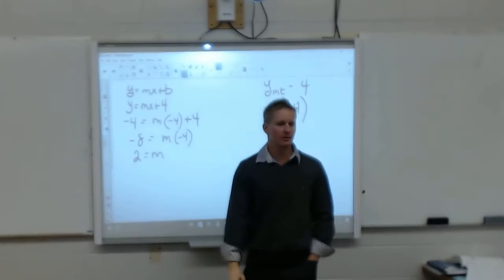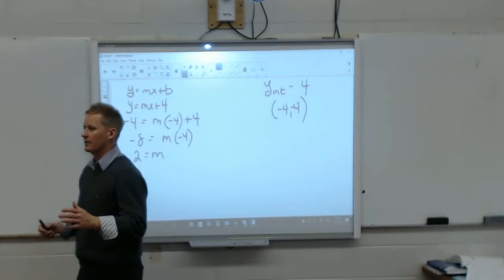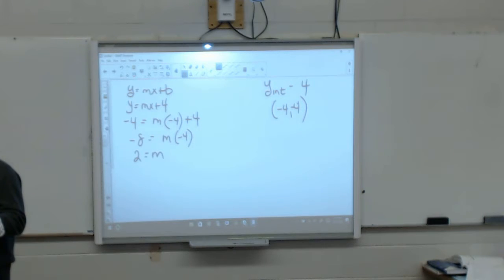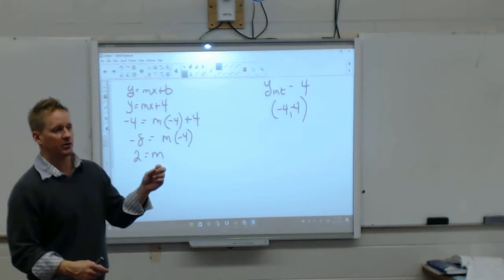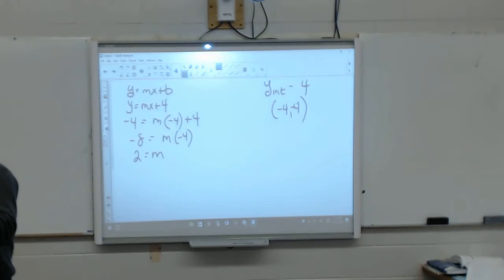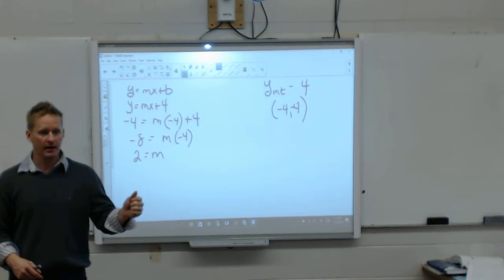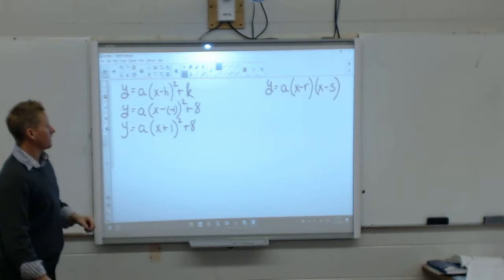Got my slope is equal to 2. So what did I need in order to find the equation of a line? I needed either the y-intercept or the slope. I needed either the two coordinates, or one coordinate and either the slope or the y-intercept, and plug it in. Same thing right here.